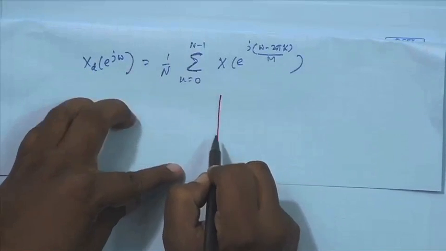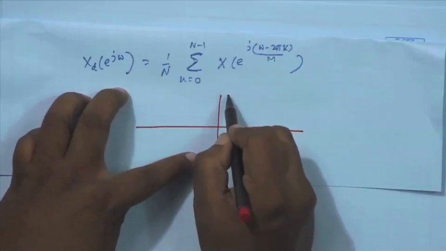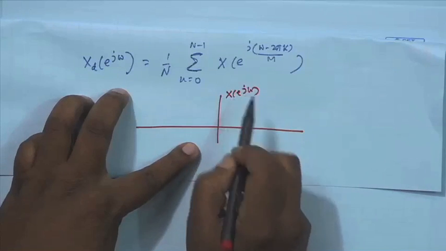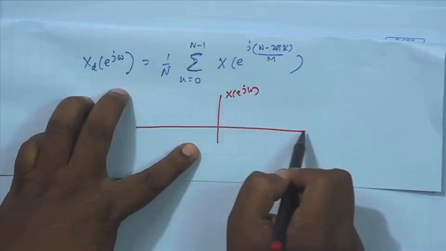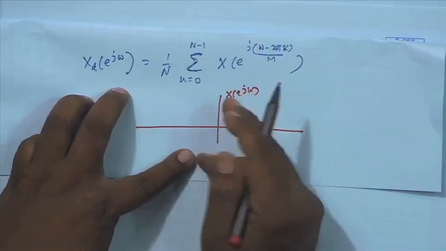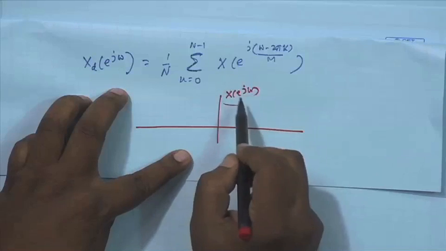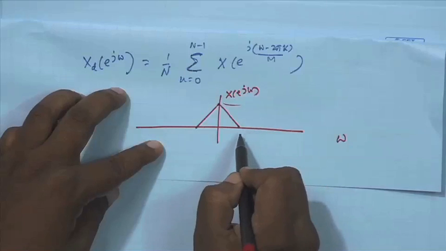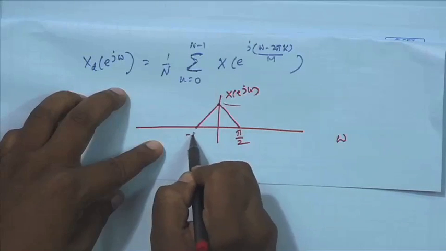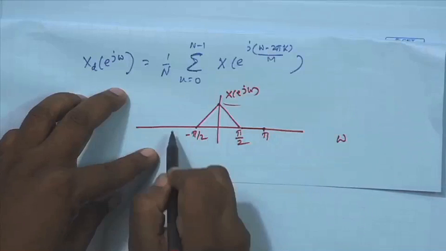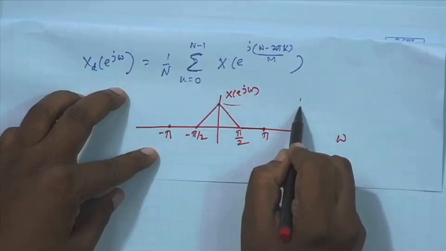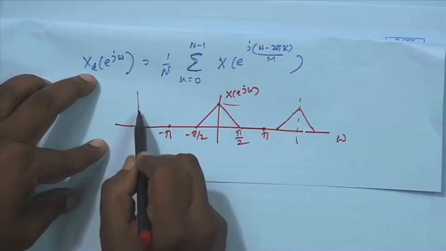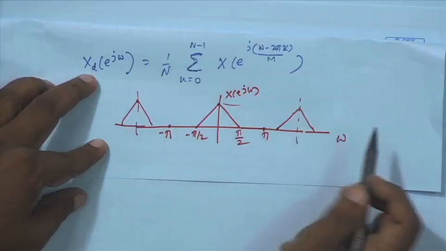Suppose what is given is X e to the power j omega. Again I tell you, you cannot plot a complex function by just one plot. I should have mod of this versus omega and angle of this versus omega, but just to explain my point, I am ignoring that. I am plotting capital X e to the power j omega versus omega. Suppose this is given to you. Like this. Okay.